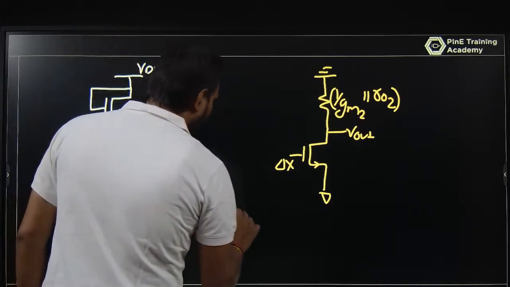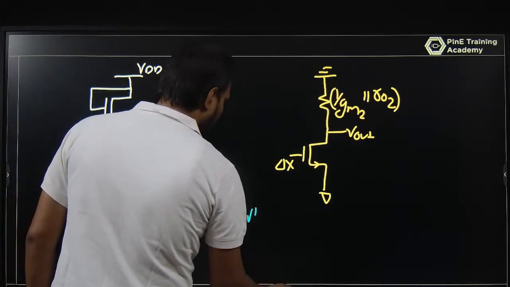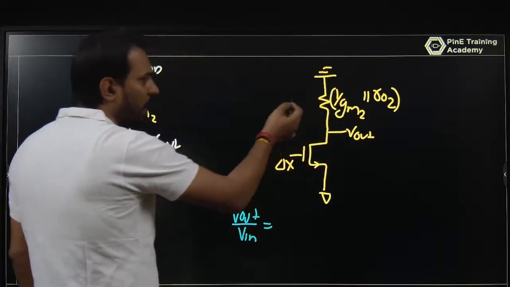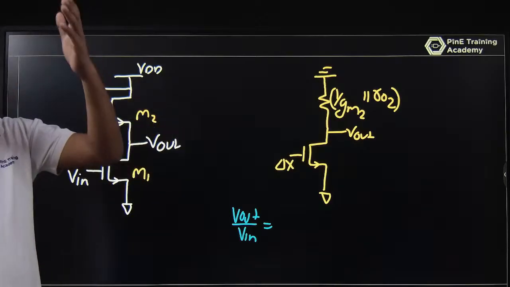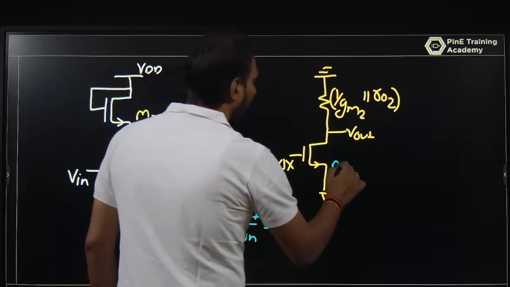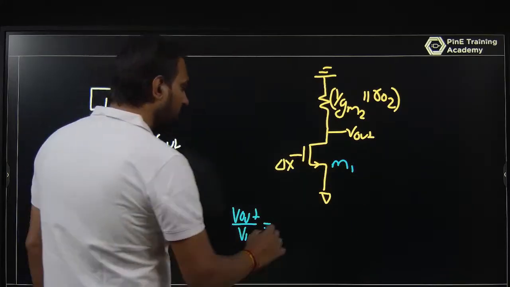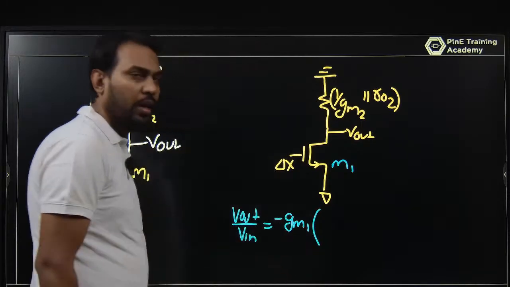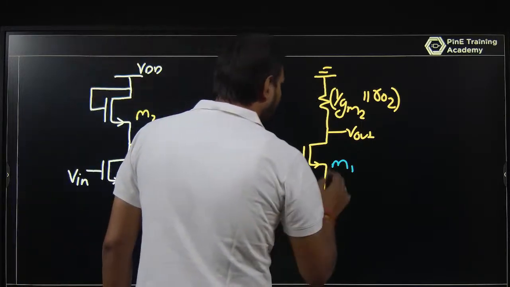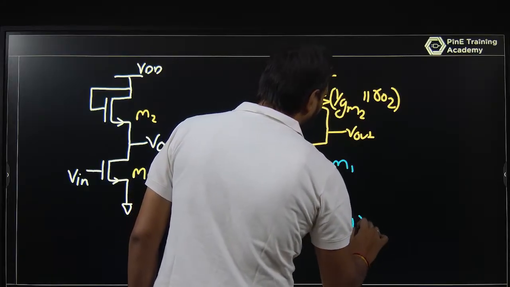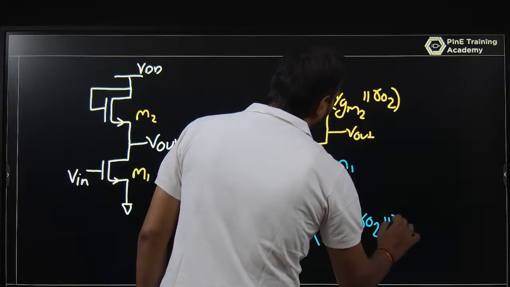That is Vout by Vin. Just like the basic case, that is minus gm R naught parallel RD. This is M1, so R naught 1 parallel RD. So this is minus gm1 times R naught 1 parallel this, that is 1 by gm2 parallel R naught 2 parallel R naught 1.